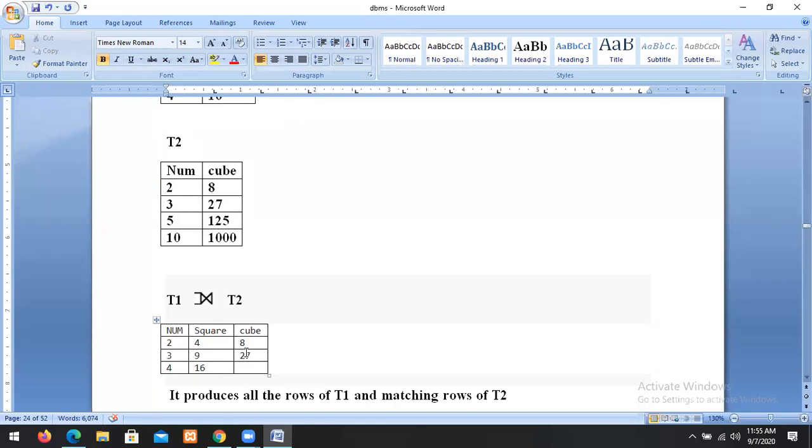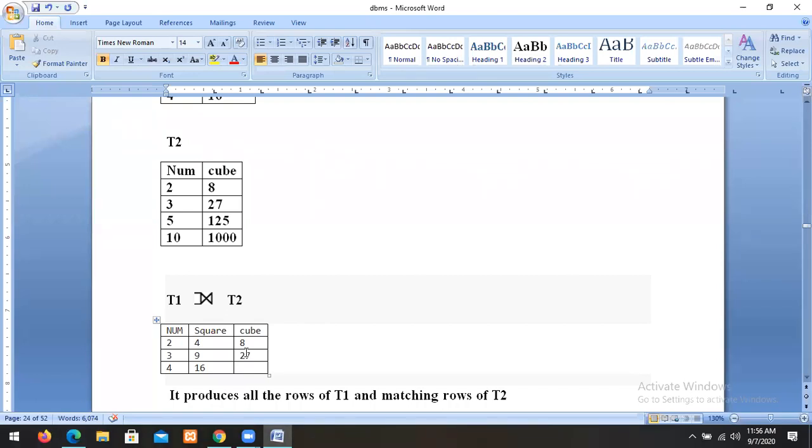So what is an outer join? In an outer join, the rows will be selected even if there is no matching value. Such a join is called an outer join.